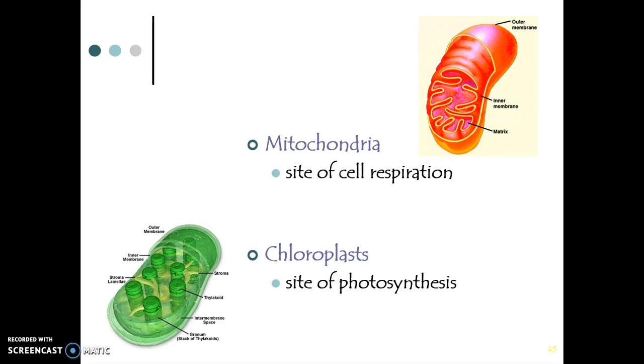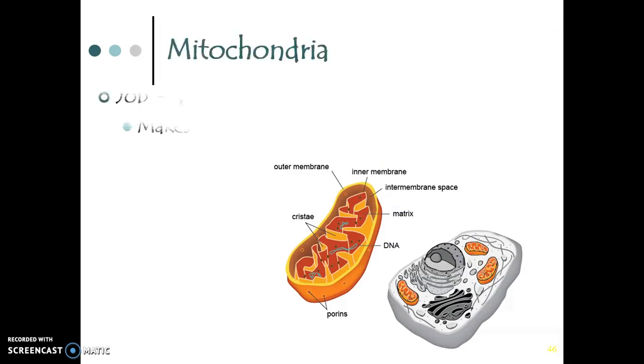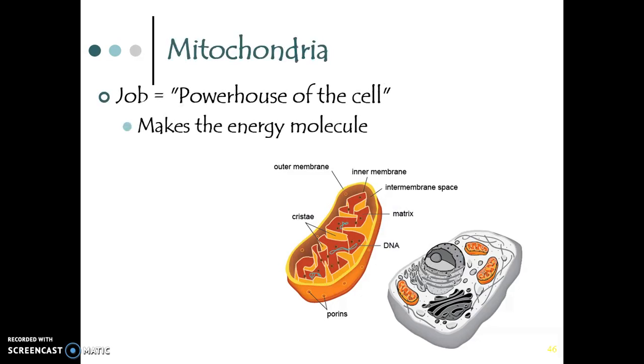The mitochondria is found in both plant and animal cells, and the chloroplast is specific to just plant cells. You may have heard the term powerhouse of the cell. That's the mitochondria.